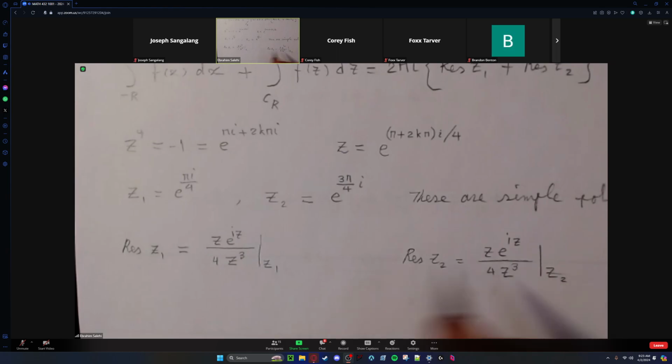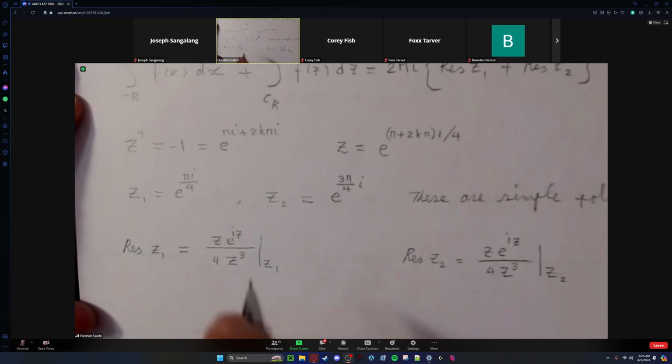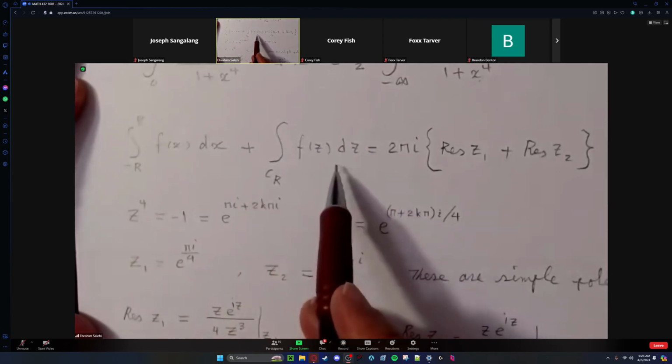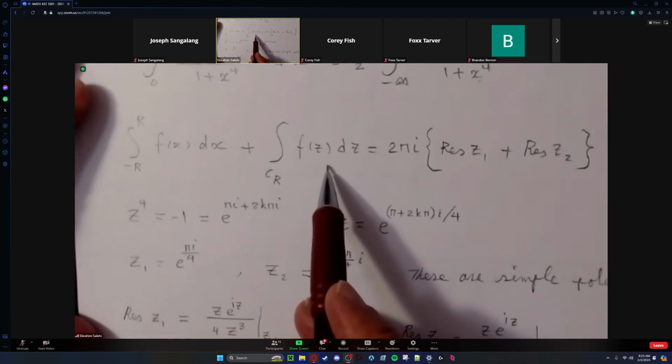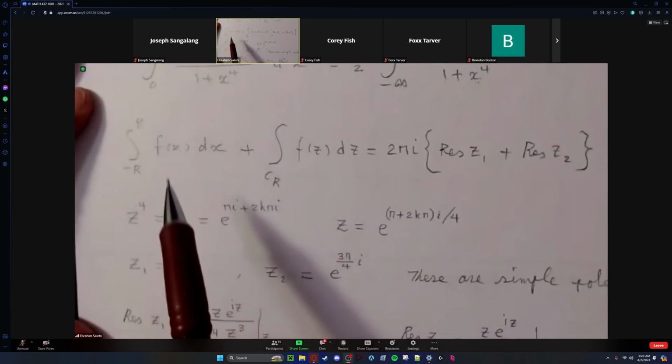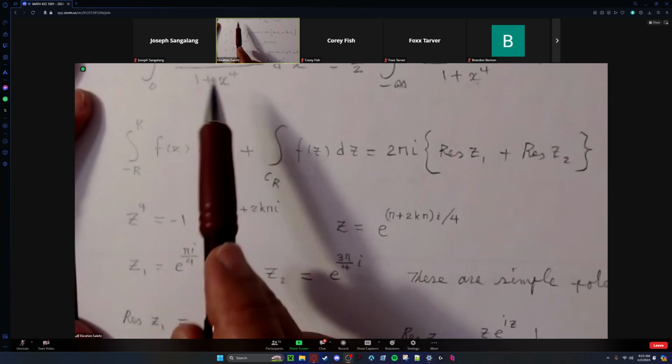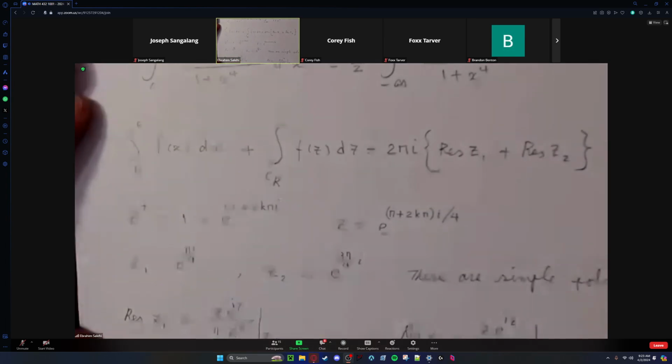Well, here we get a number, here we get a number, right? And the limit of the middle one is going to go to 0. Look at this: degree of numerator is way, way smaller than degree of denominator.